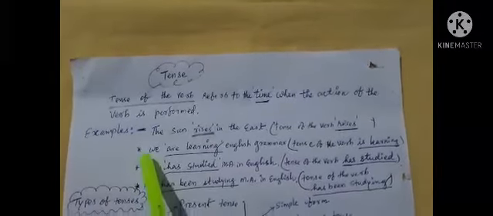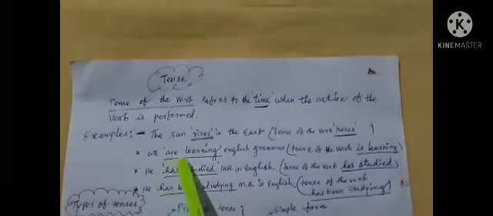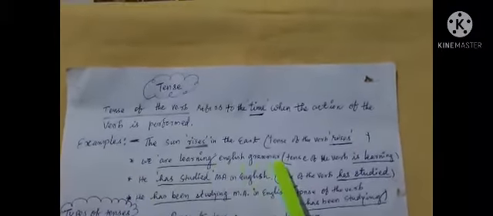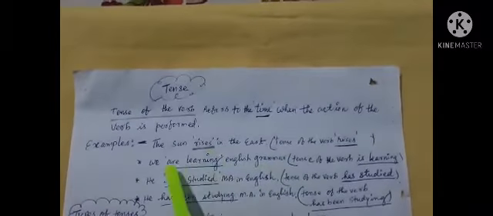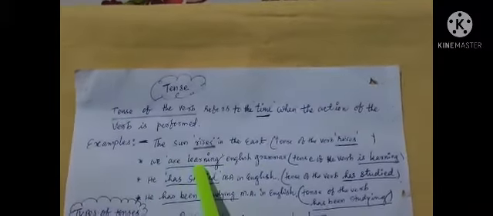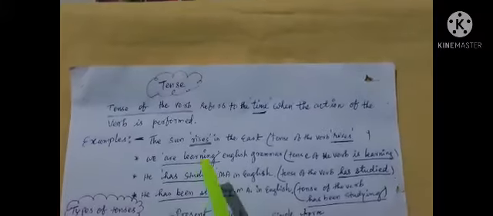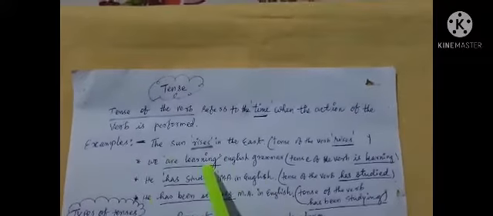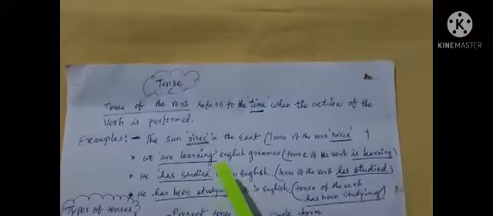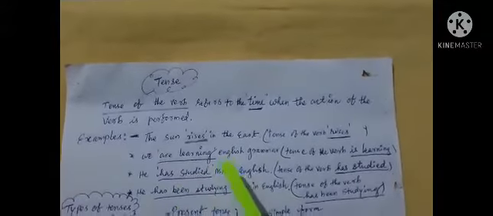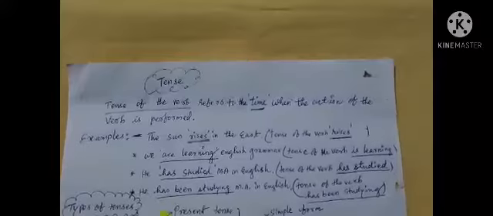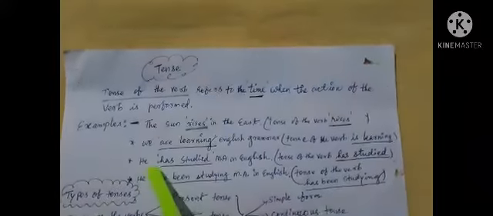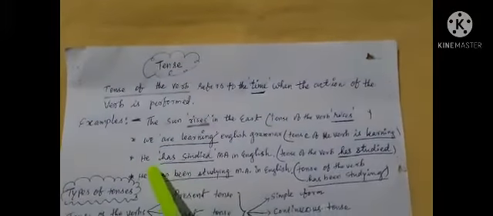Let us see another example. We are learning English grammar. Here the tense of the verb is are learning and it shows the time present and the action is in progress, it is going on. Let us see one more example and understand.